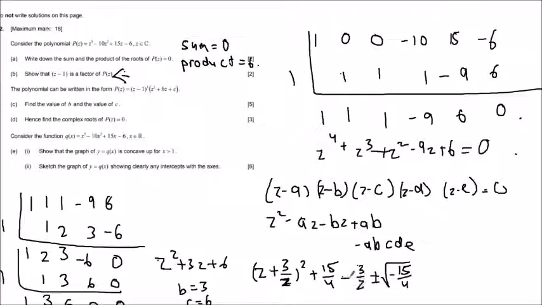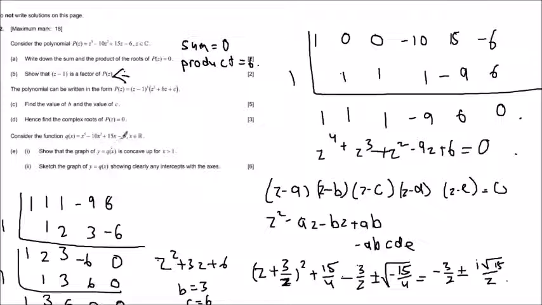So our complex roots are equal to minus 3/2 plus or minus i square root of 15 over 2. That's our complex roots. Okay.